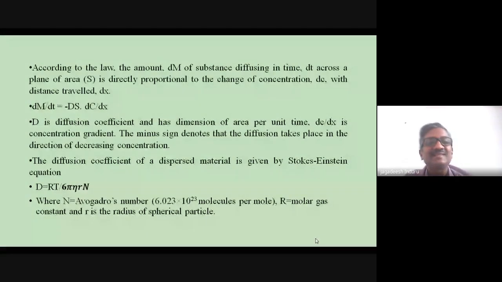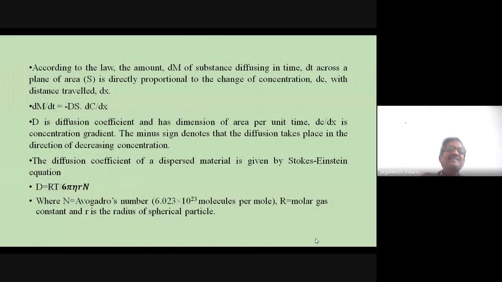And what is very important to us in this particular case is the Stokes-Einstein equation. This Stokes-Einstein equation gives the diffusion coefficient. The diffusion coefficient contains parameters like temperature, viscosity and the particle diameter. It is linked, and Avogadro number and 6 pi are the constants.